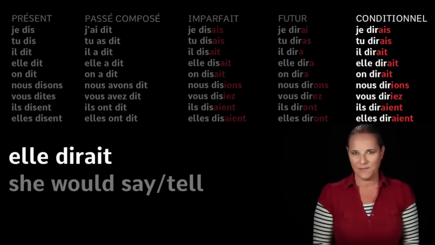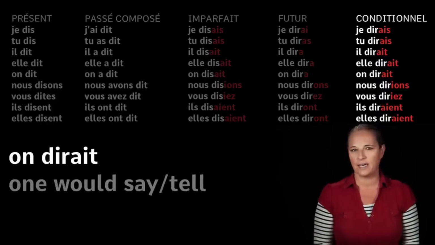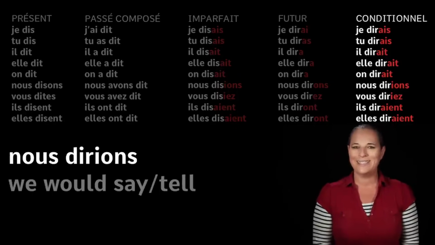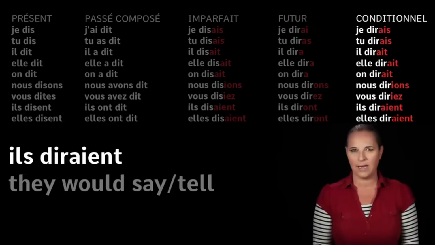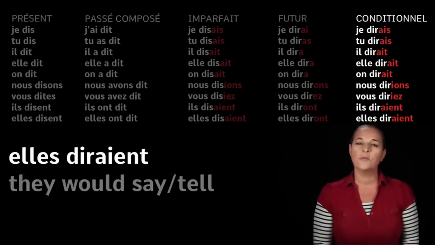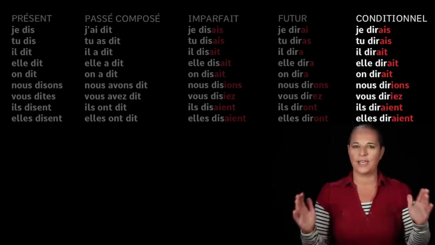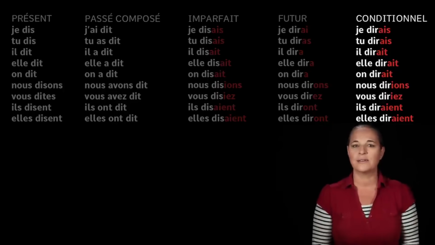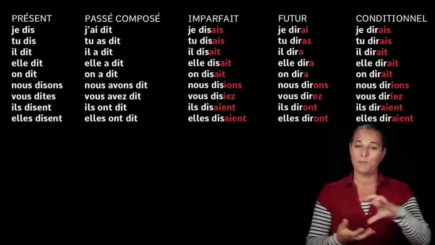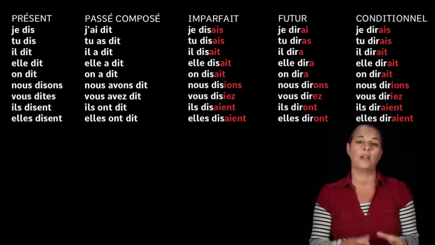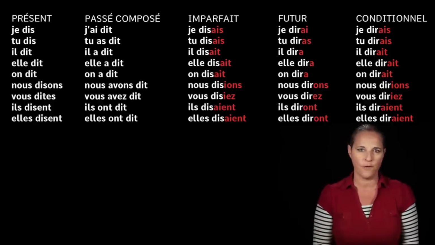Elle dirait, on dirait, nous dirions, vous diriez, il dirait, elle dirait. Now you will notice that when you see the verbs next to each other, there is a pattern here. And all the patterns I've mentioned to you, try to pick on them, try to learn them and apply them to all the different verbs, okay?